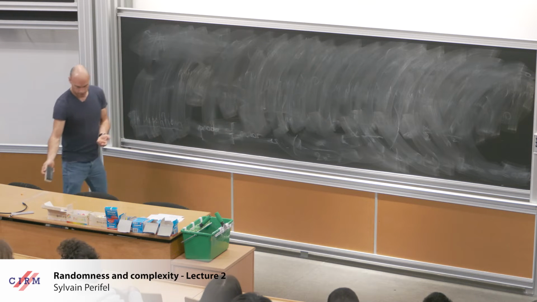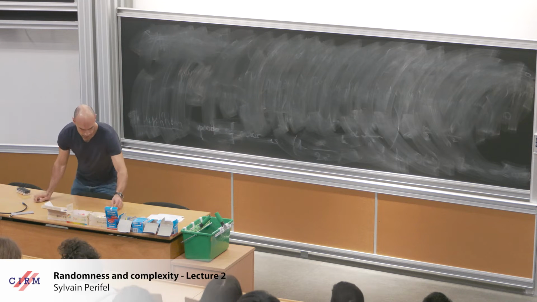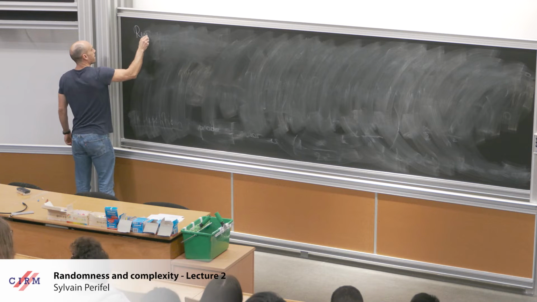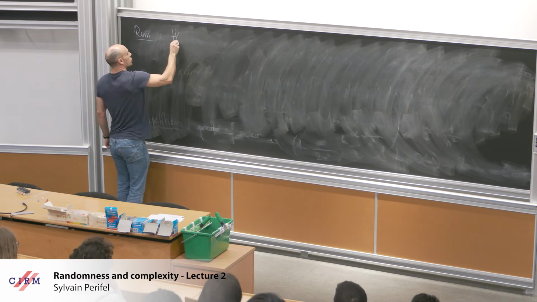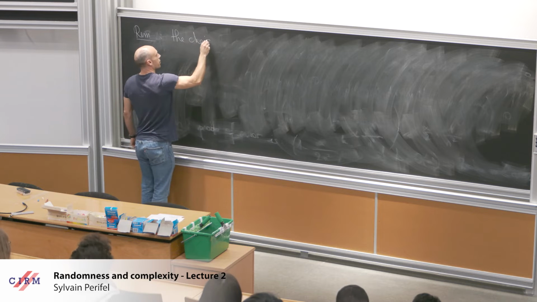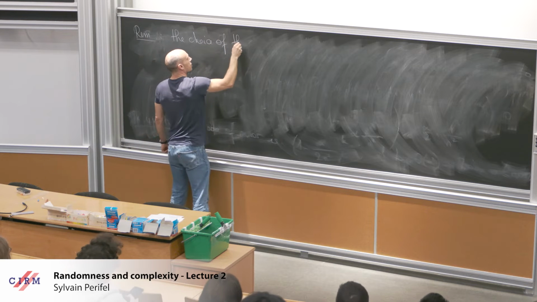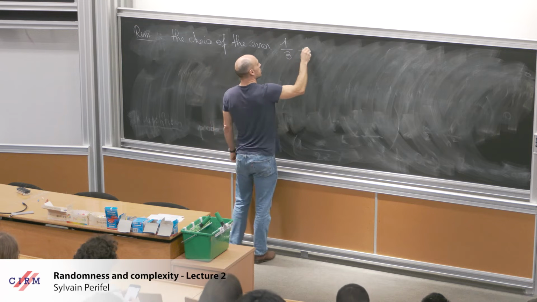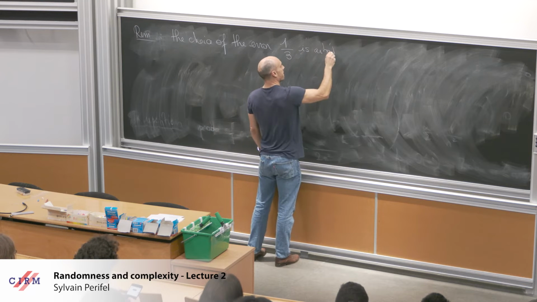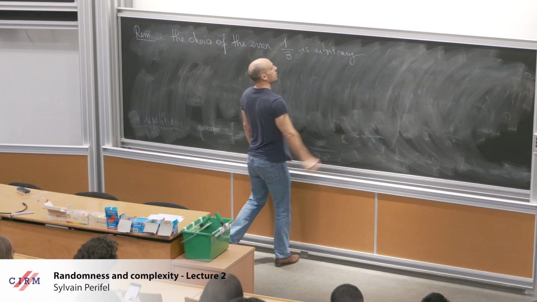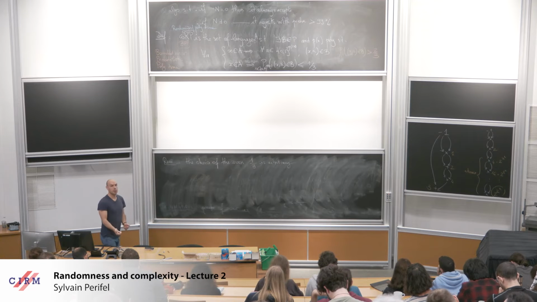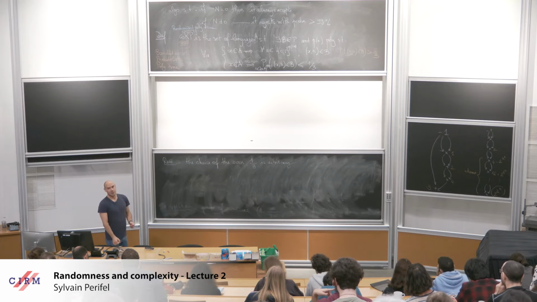All right. Okay, remark. The choice of the error 1/3 is arbitrary. So in co-RP, you could choose any constant strictly between 0 and 1.